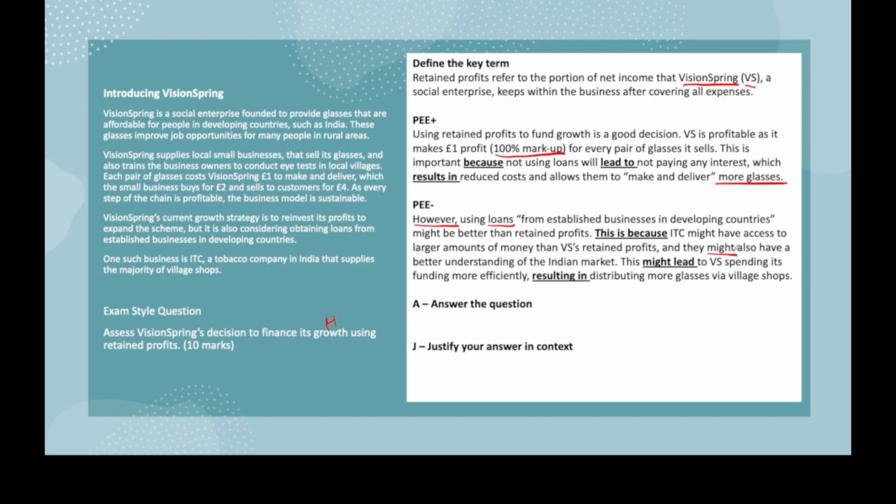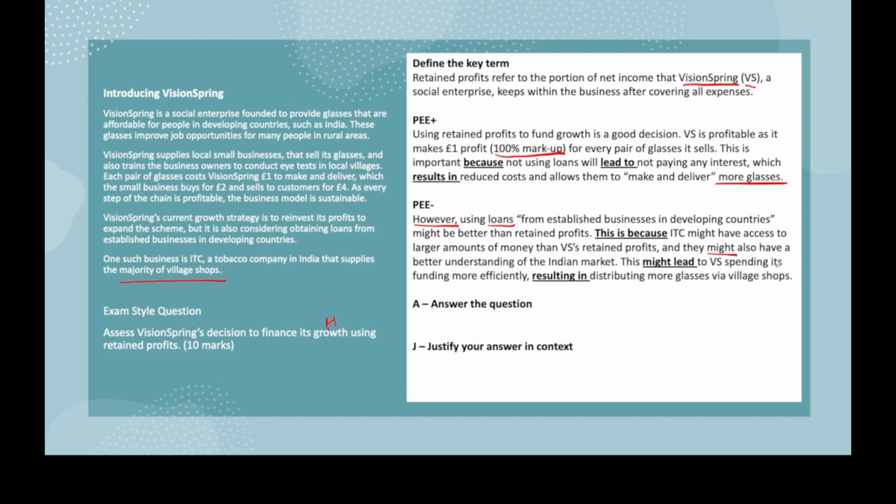You just jump to it without explaining. Now, it might have a better understanding of the Indian market. Well, when they're in the majority of village shops, actually, I think that's quite a nice might. If it was definitely, then you put a couple too many definites in an answer, we're going to put you down to level 2. You're going to get used to this.